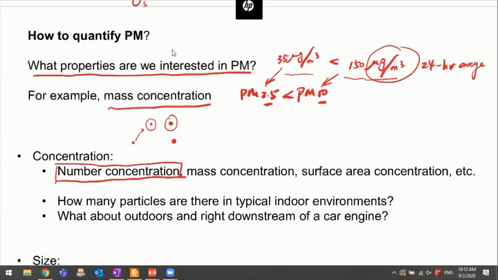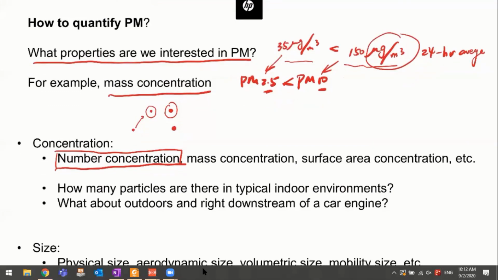And because of COVID-19, I think the CDC also put out recommendations regarding which type of filter we should use to further clean our air. So we'll talk about this filtration later on in our class. But if you guys are interested, you can search for the term called MERV 13.